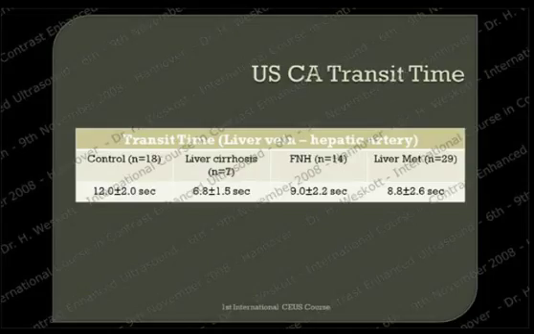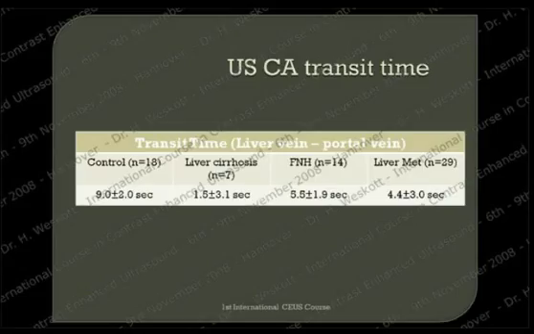And you see that the standard deviation is not very high, so these are rather reliable numbers. If we look at the liver vein minus portal vein arrival time, you have in the control group 9 seconds, but in liver cirrhosis 1.5 seconds, FNH 5.5, liver mets 4.4 seconds.